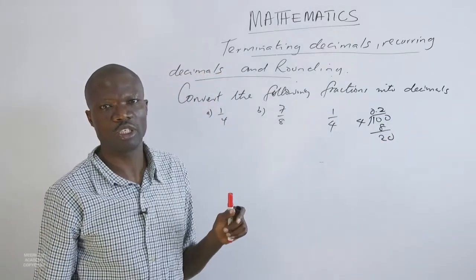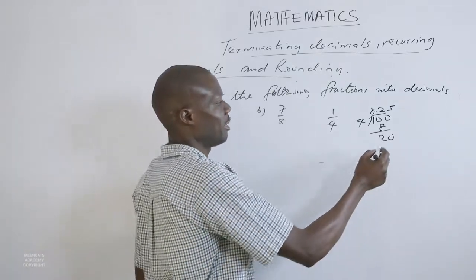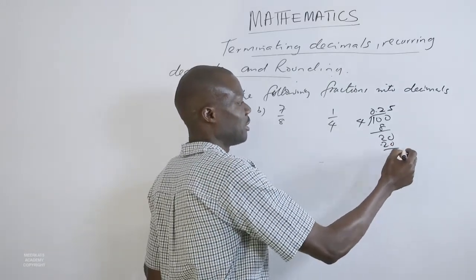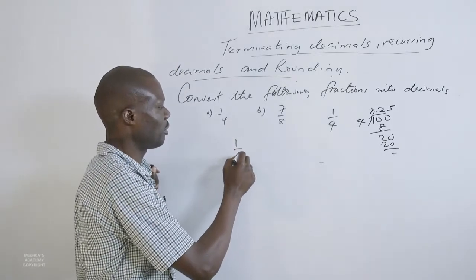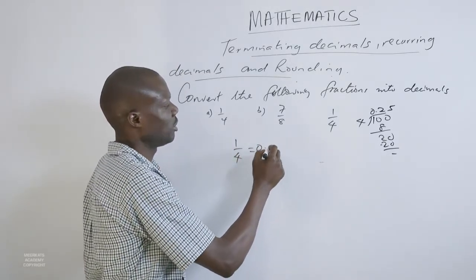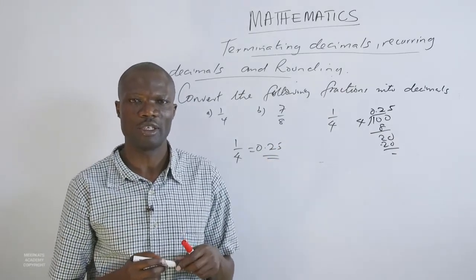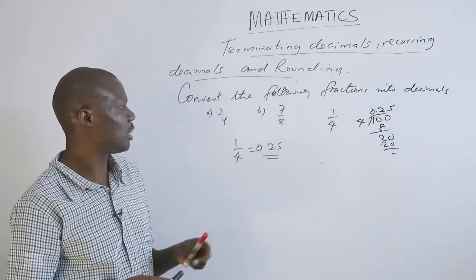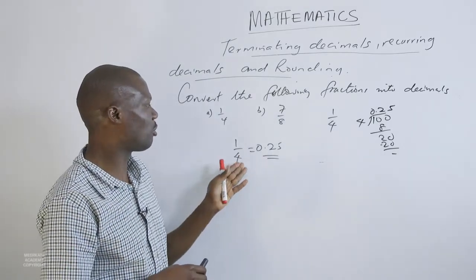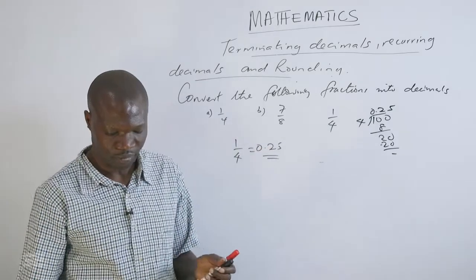Bring down a 0. 20 divided by 4 is 5. And this one has terminated. So we say that 1/4 is equal to 0.25. That is a terminating fraction.